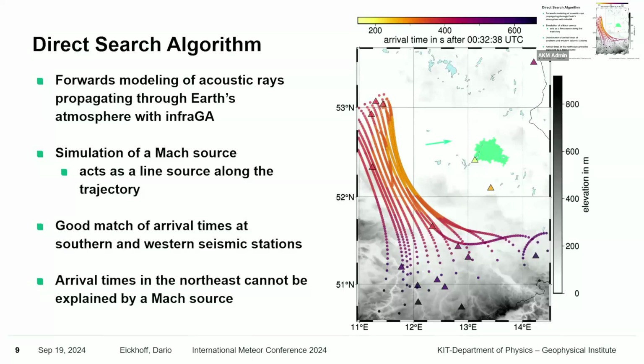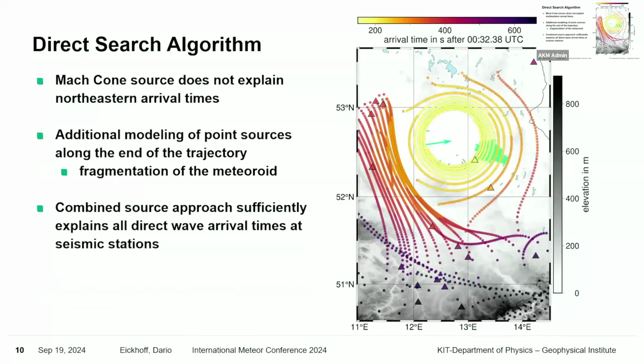So I did exactly that, and also included fragmentation of the meteoroid, which now produces these nice circular patterns of arrivals around the end of the trajectory here. Now you can see that we can explain the eastern arrivals much, much better. Together we get a really robust solution for our trajectory, which is really nice.